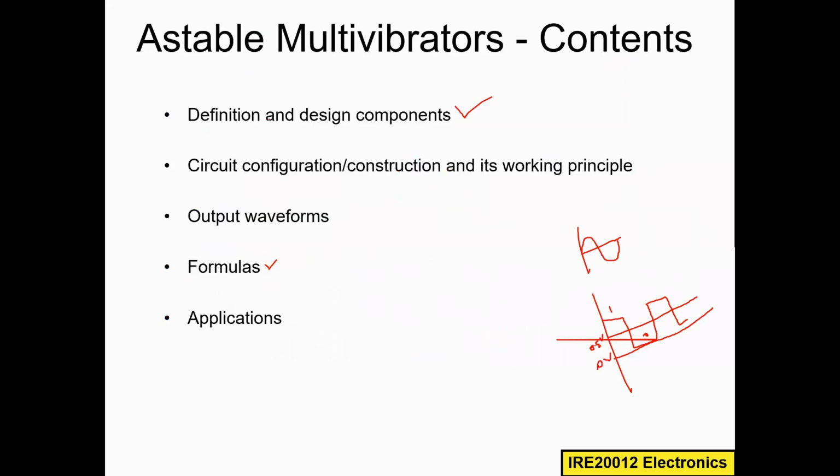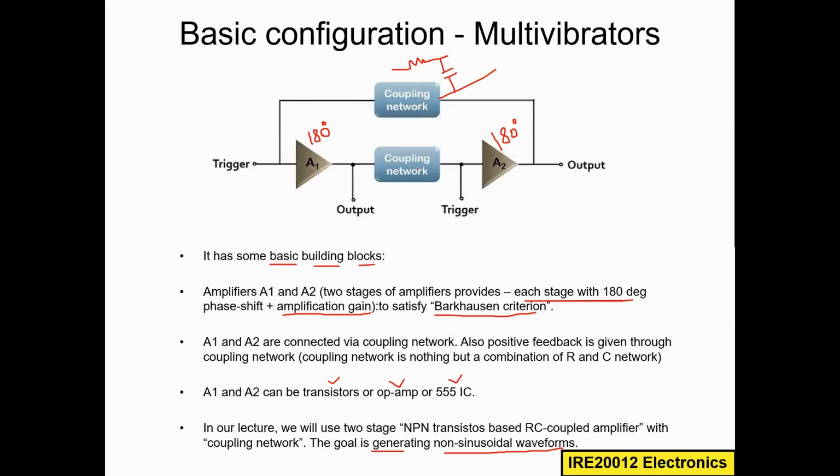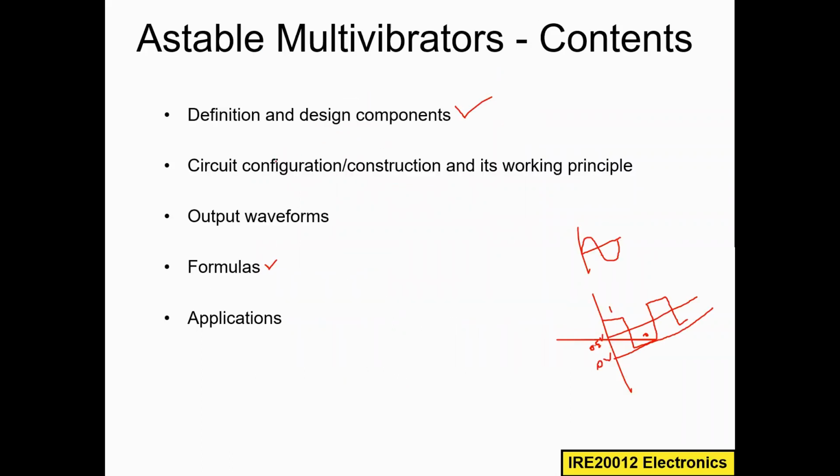So far, I want you to remember the basic design components, and then the circuit construction, and then the circuit operation or working principle, and the output waveforms, formulas and applications.